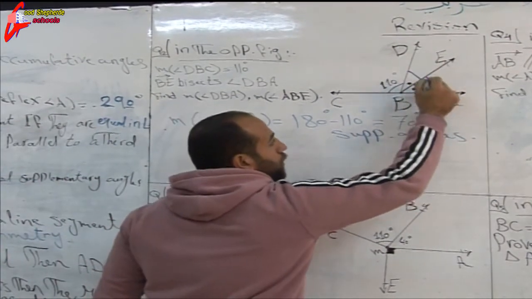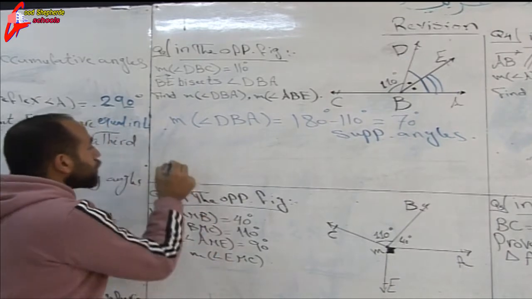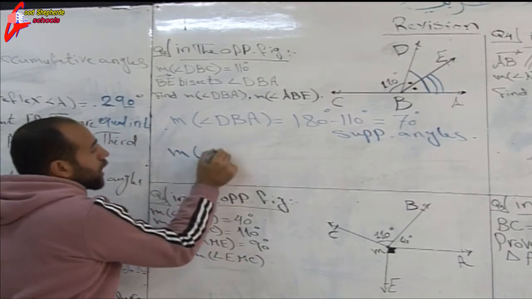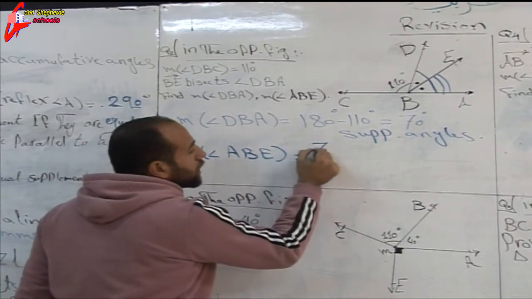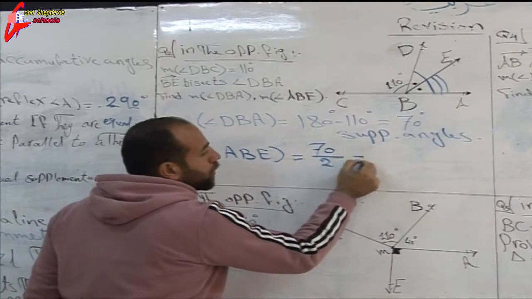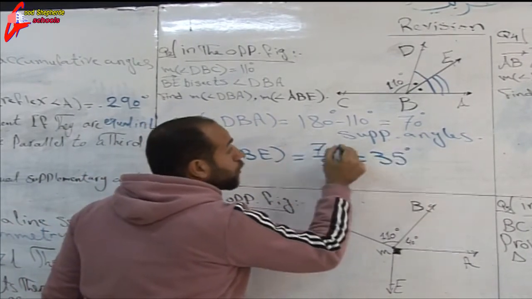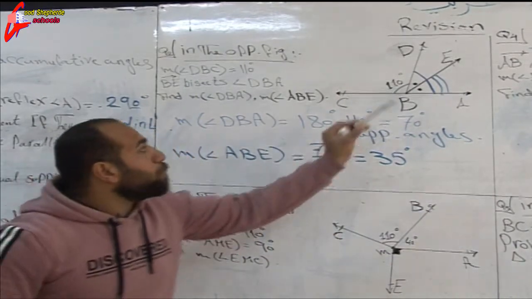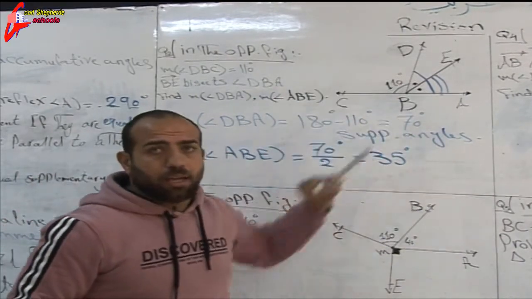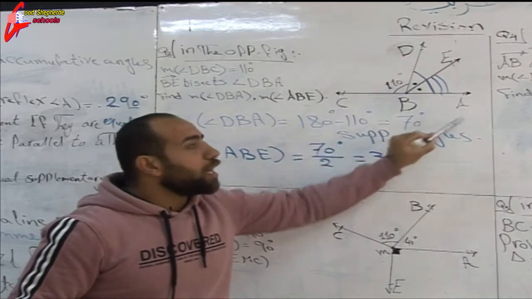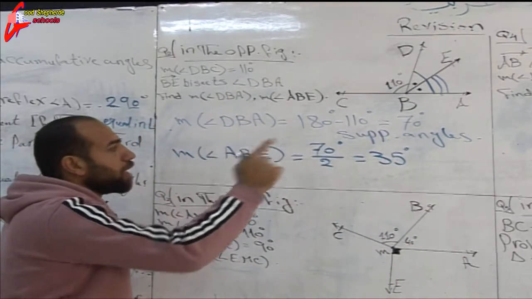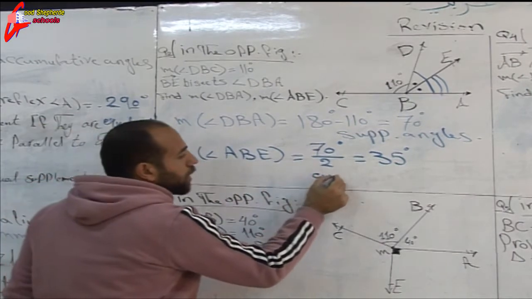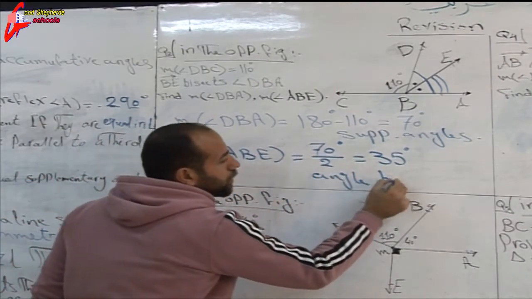So measure of angle ABE equals 70 divided by 2, 35 degrees. Why? Because BE bisects the angle DBA, so measure of EBA equals half the measure of angle DBA. Angle bisector.